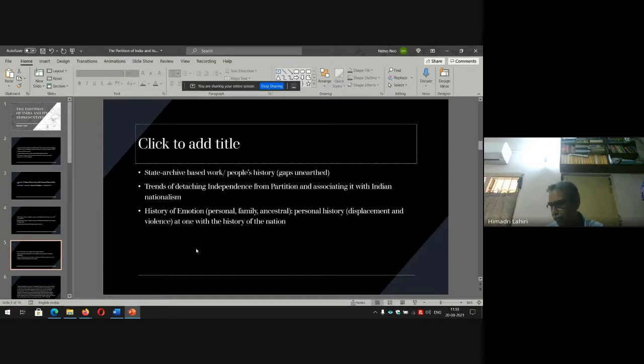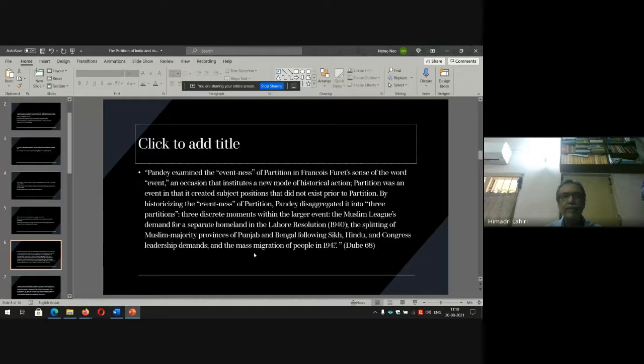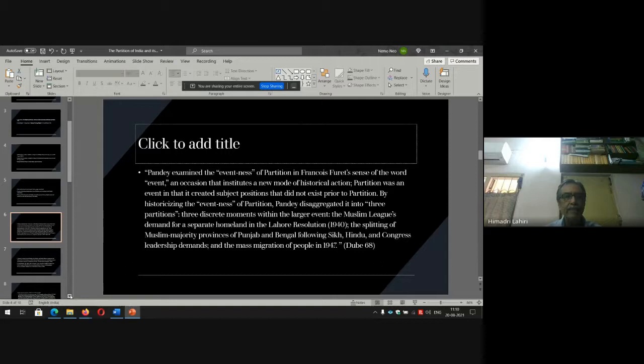From that point of view, this is a very important book, and I want you to consult the book, to read the book. It takes help of the oral history method, and through that method he collects the materials.